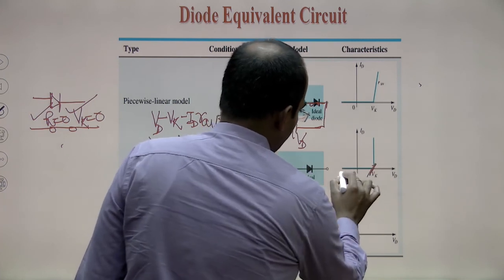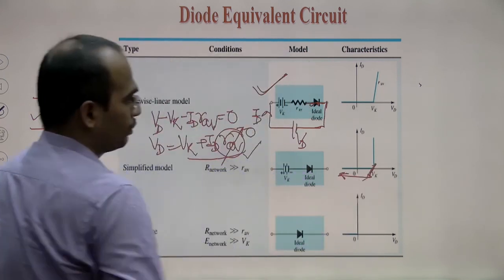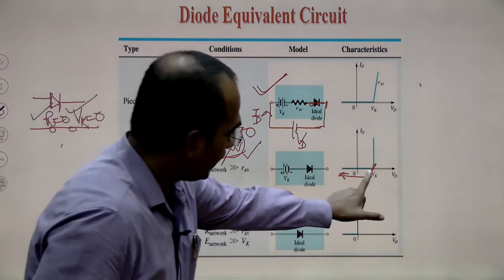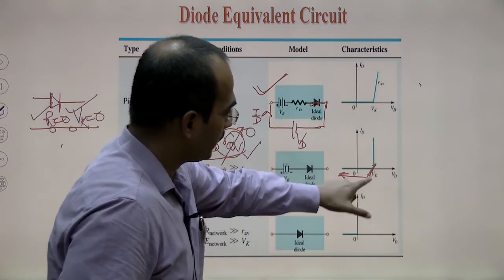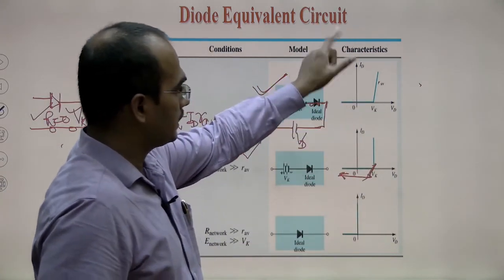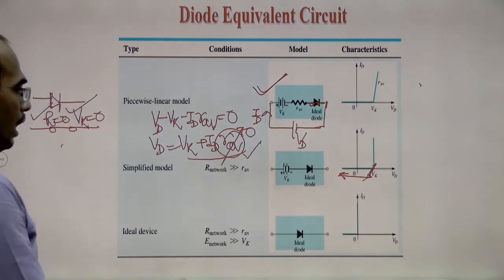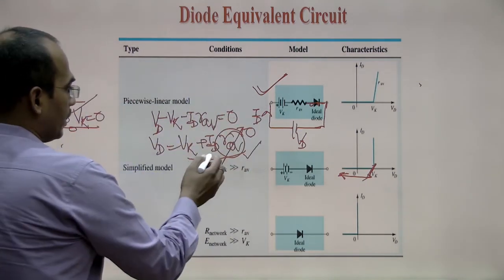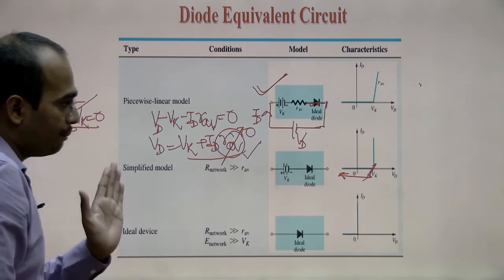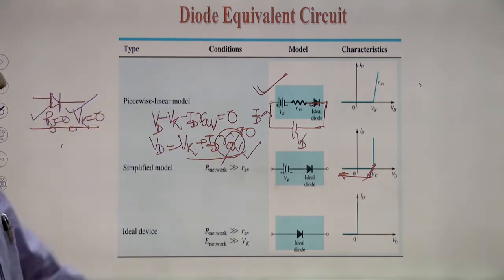You can see that from here to here the current flowing through the diode is 0, but when the applied voltage crosses this Vk, the current increases linearly. Because the resistance is 0, the maximum current will flow through the diode.